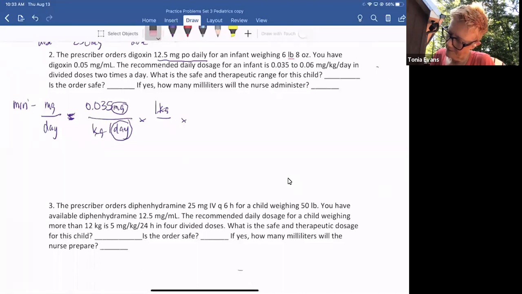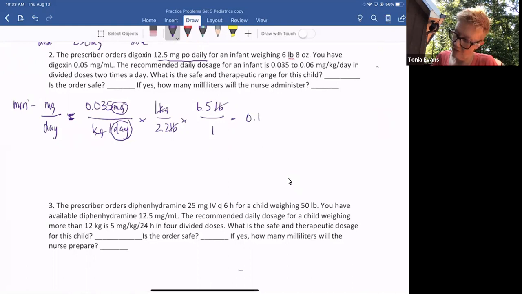1 kilogram is 6.5 pounds. Oh my goodness, back it up. 1 kilogram is 2.2 pounds, and our patient weighs 6.5 pounds. Ay, ay, ay. Wake up, T. This is why we use pencils when we take exams. 0.035 times 6.5 divided by 2.2 equals 0.1.